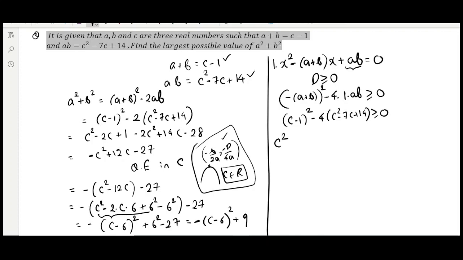This will be c square minus 2c plus 1 minus 4c square plus 28c minus 56, correct? So it is minus 3c square plus 26c minus 55.